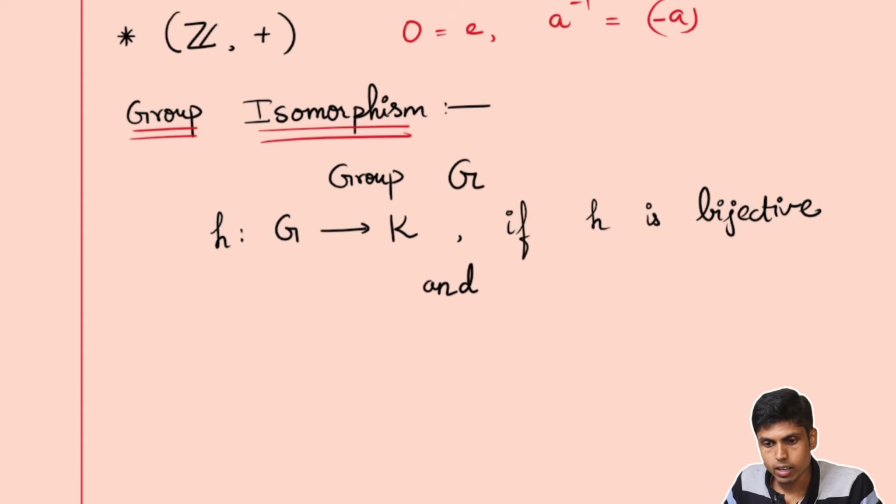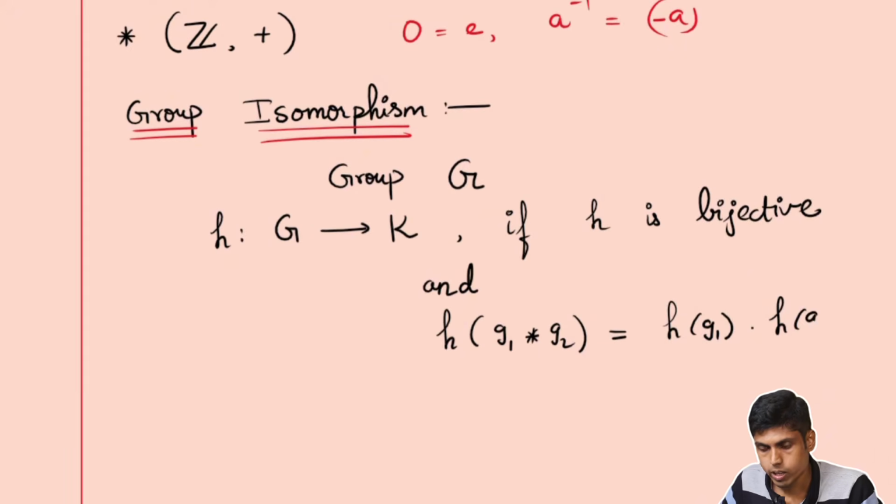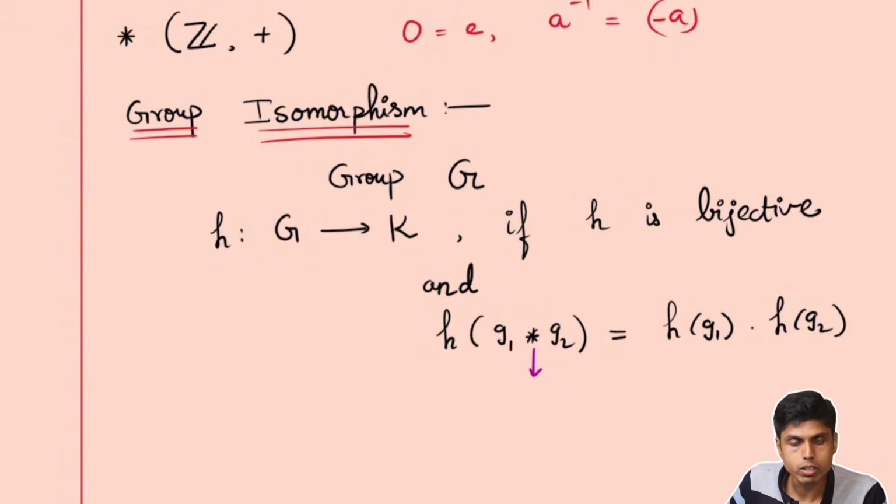That is, H of G1 star G2 equals H of G1 dot H of G2, where star denotes the binary operation associated with group G, whereas dot denotes the binary operation associated with group K. So it respects that, and H is bijective, which implies that the map H is a group isomorphism, which maps elements of group G to elements of group K. K is our target group.